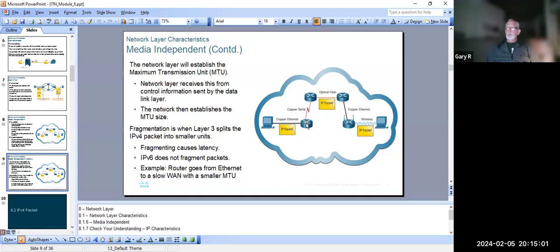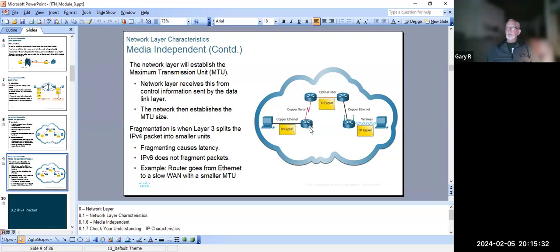Now, what you'll notice is that when the data up above is broken into parts by layer 4, we call it segments. But when layer 3 does exactly the same thing, breaks it into smaller parts, we call it fragments. So if a large packet comes in here and multiple smaller packets have to leave here, each of those is considered an IP fragment.